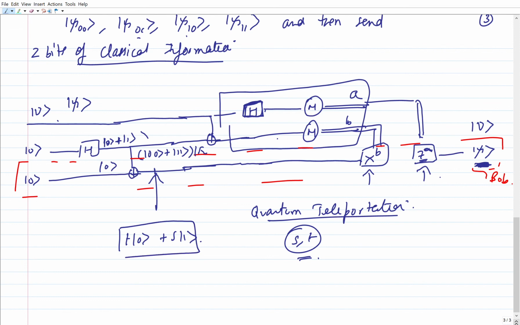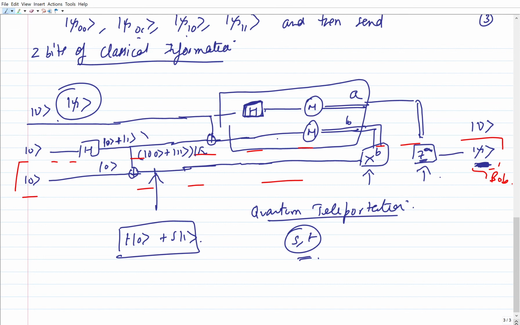So you're sending this amount of information to Bob, and the beauty is that in this entire protocol, in the gates we applied, nowhere did we require psi to be known by Alice or Bob. So in some sense, if you look at it deeply, this suggests that quantum teleportation might have some cryptographic advantage to it. Also because none of the parties knows psi, and yet psi ends up as Bob's state.